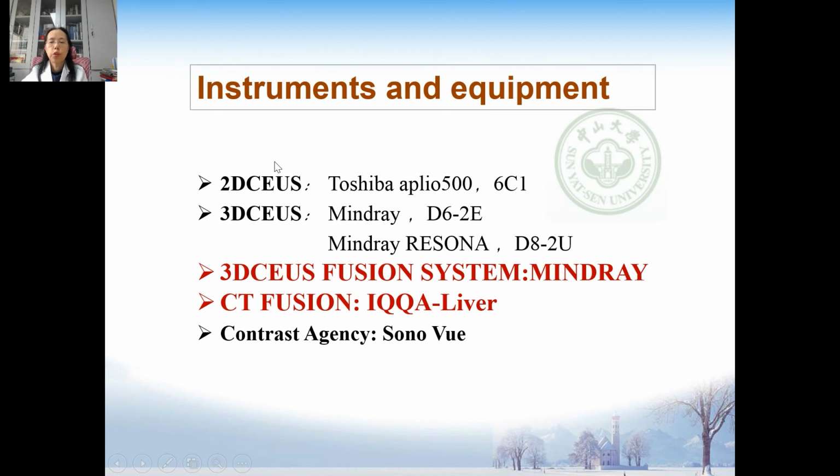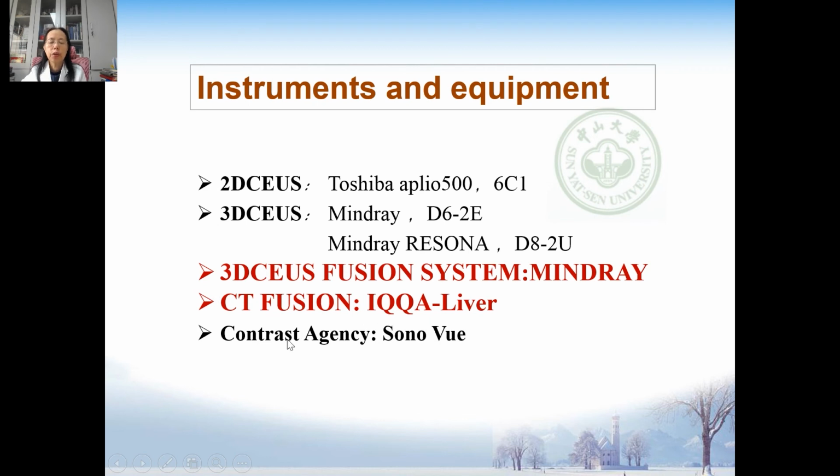Here are the instruments and equipment. We use a 2D machine by Toshiba, and 3D contrast ultrasound by Mindray, and the 3D fusion system is also by Mindray, and the 3D CT fusion system is at the AQQA level.